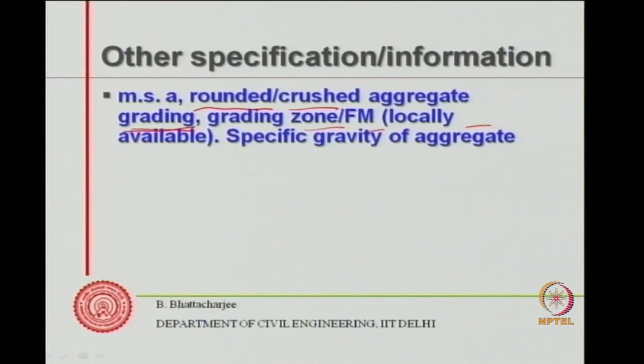These informations are important. Now, these are important from the point of view of availability of aggregate, because one would like to use locally available aggregate to minimize the cost of the concrete and all other transportation related negative aspects, for example, energy consumption in transportation and so on and so forth.